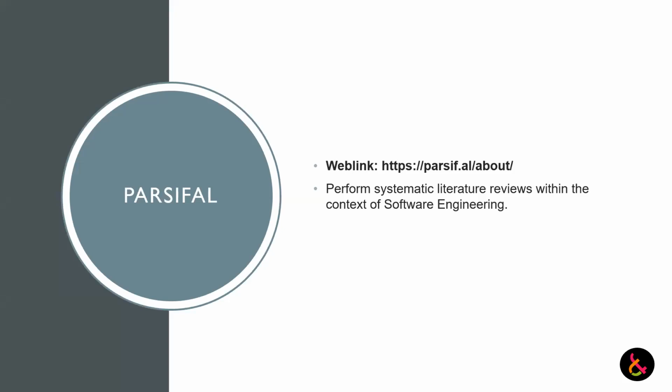So, as I have mentioned already about Parsifal, you can go to this web link and find it. You can open an account. Basically, Parsifal is a cool web link that performs systematic literature reviews, which I already mentioned is in the domain of software engineering.